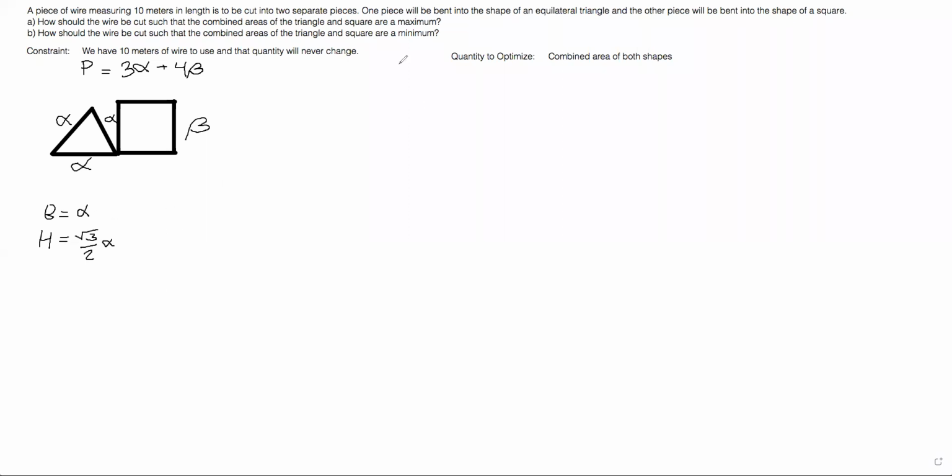Now we want to do the same thing with the square. Let me label these first. So the triangle has a base and a height. So actually, you know what? Let's go ahead and find the area of the triangle now. The area is going to be 1/2 base times height.